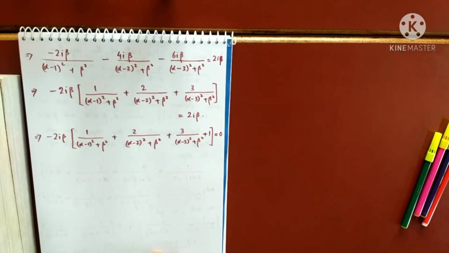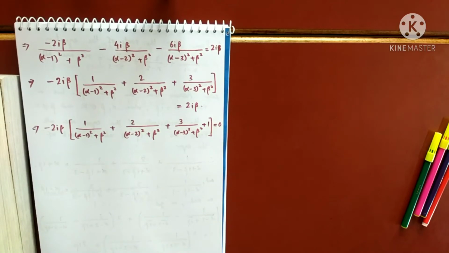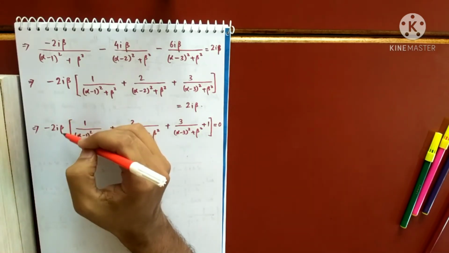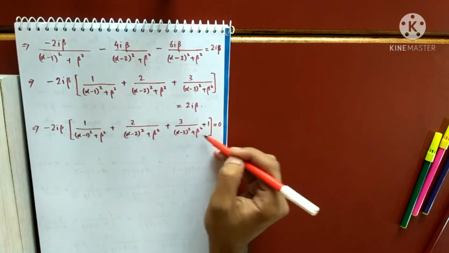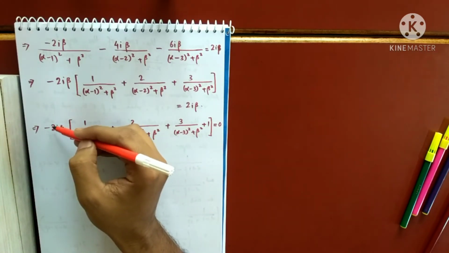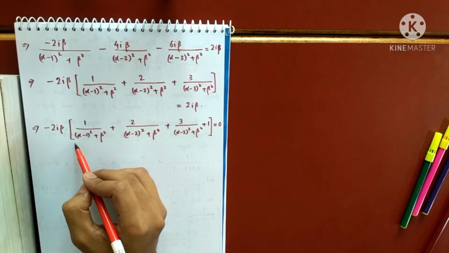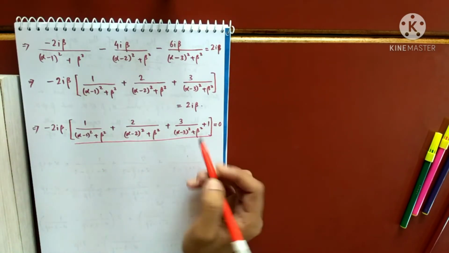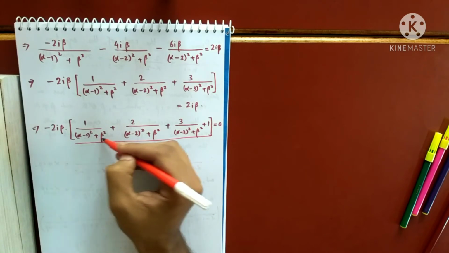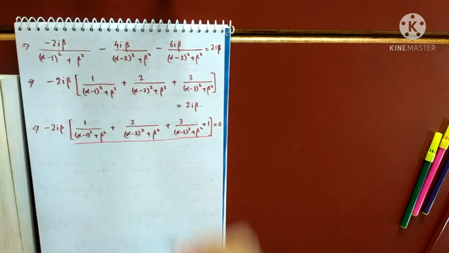Now we are almost done. Now you see here, the product of two numbers is 0. So 2i cannot be 0. So this quantity cannot be 0. First of all, this is the sum of the squares of two numbers, so this is always positive.